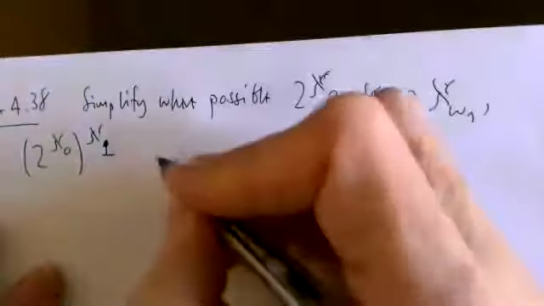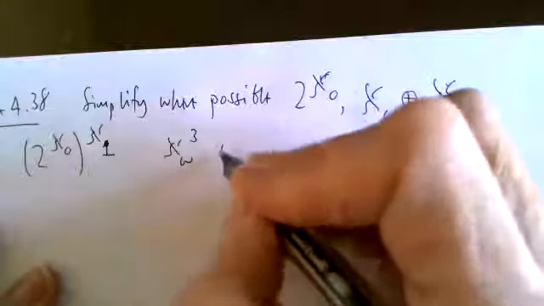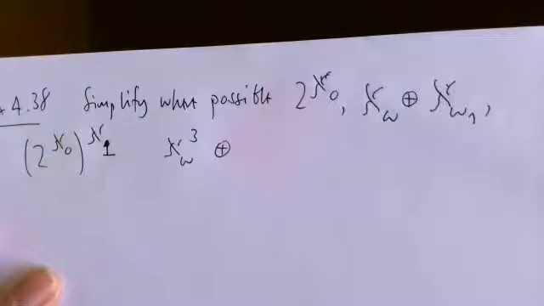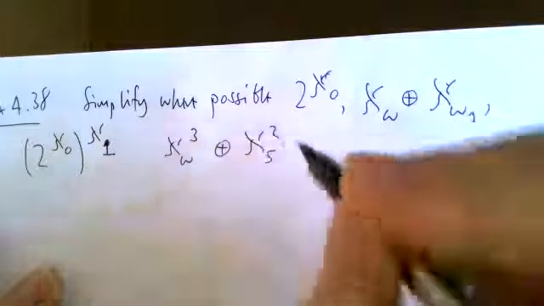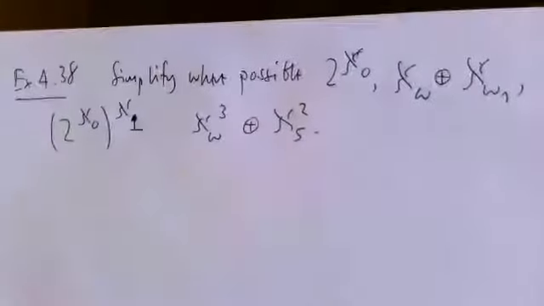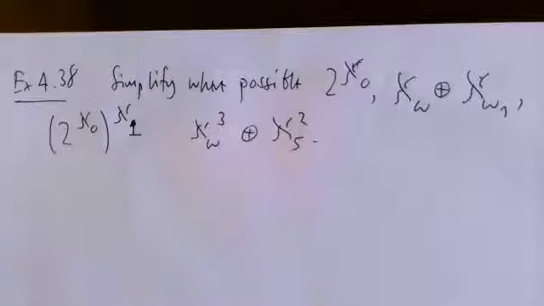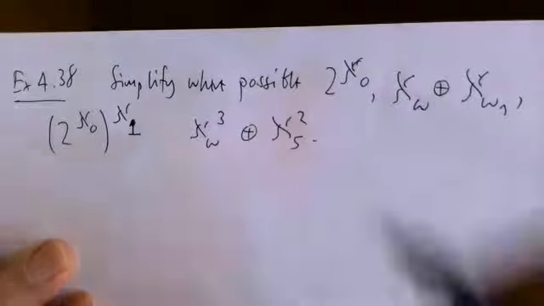And then Aleph omega cubed plus Aleph 5 squared. And you're asked to do this twice, once without assuming the generalized continuum hypothesis, and then a second time assuming it.